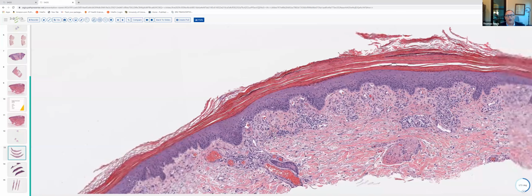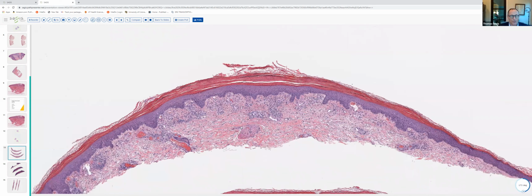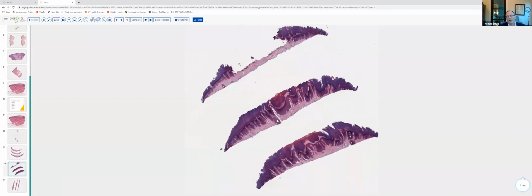So while late lesions of psoriasis are fully developed and have epidermal hyperplasia, I find that the features that are more helpful to me in recognizing psoriasis are dilated vessels, thin suprapapillary plates, and neutrophils within the cornified layer or within the epidermis. Okay, let's go ahead and move on to our next case, slide 9.